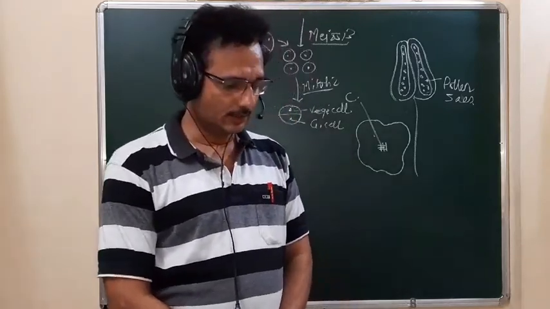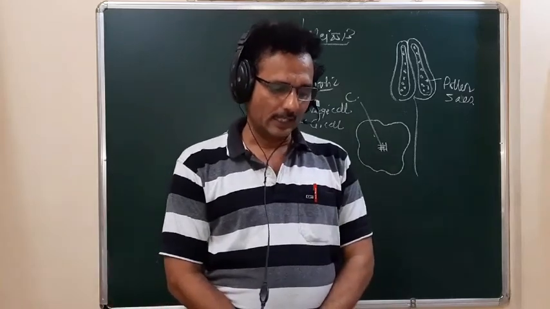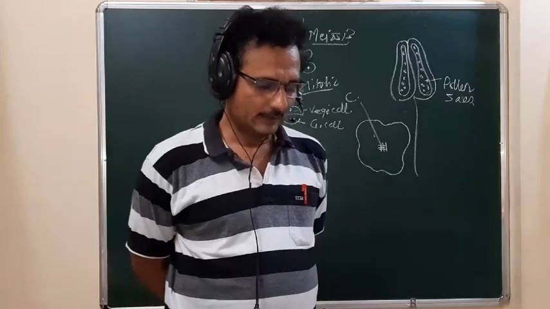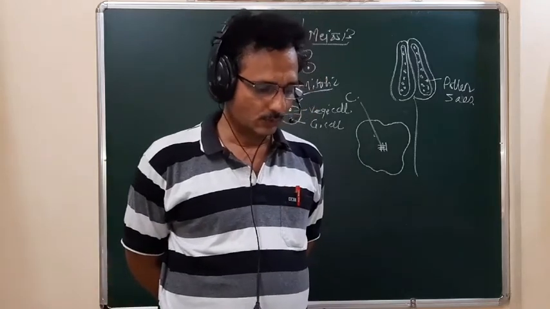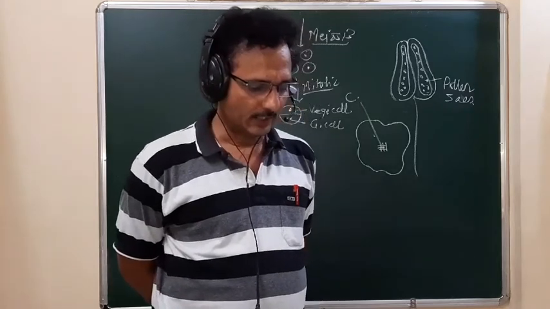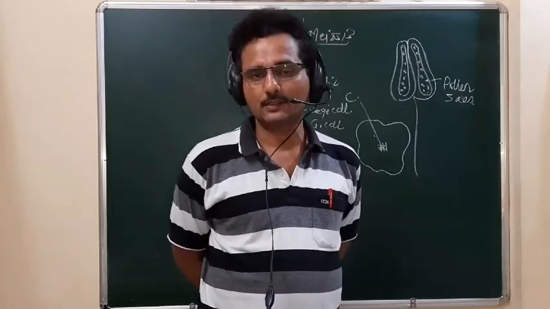Then question number 9. The typical anther is: monosporangiate, bisporangiate, trisporangiate, or tetrasporangiate.